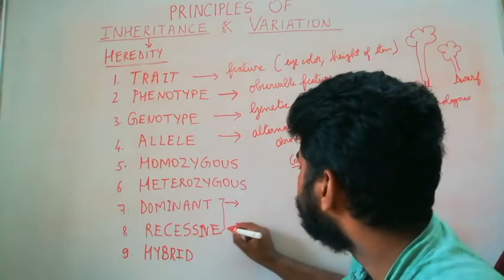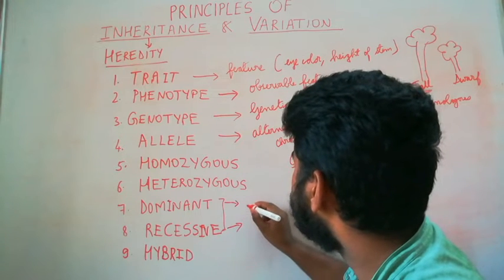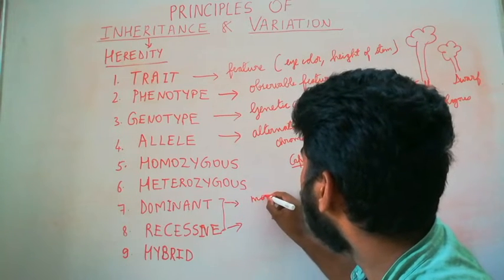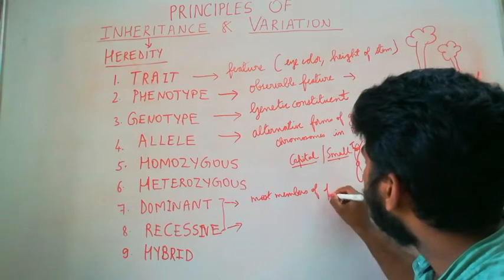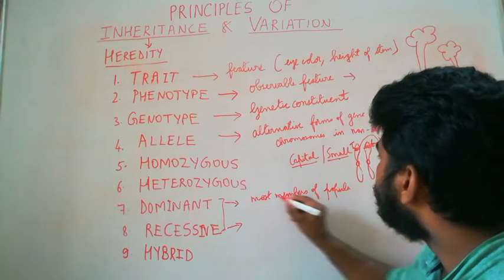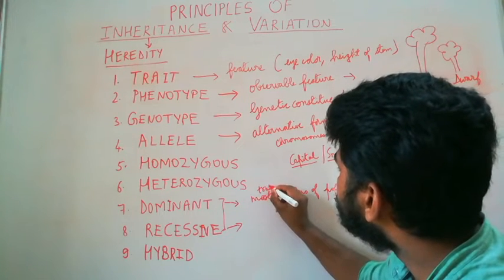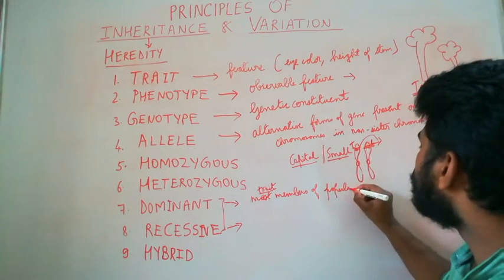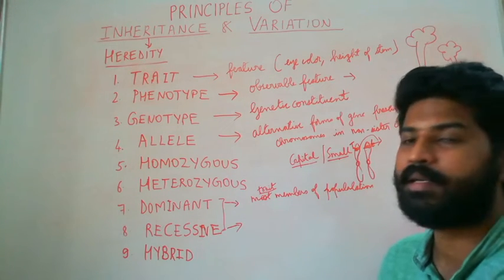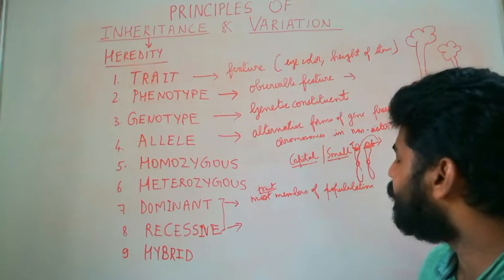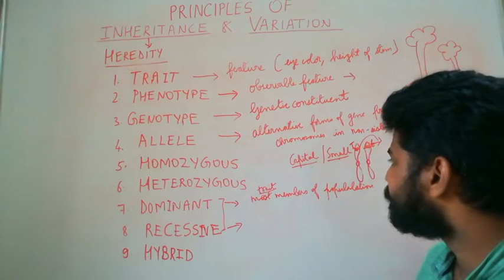So a dominant trait is the trait that is seen in most members of the population, and a recessive trait is seen in fewer members of the population.